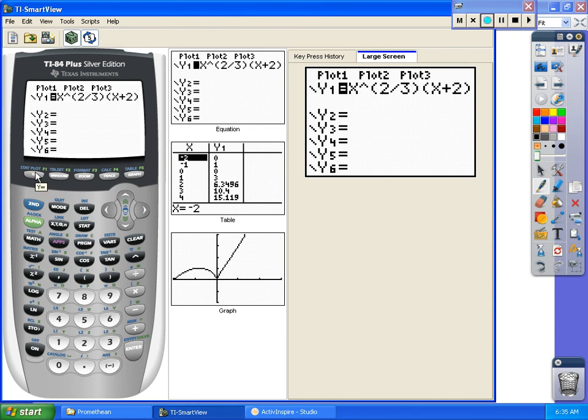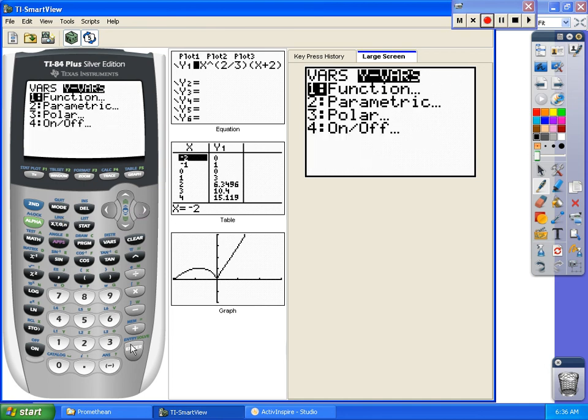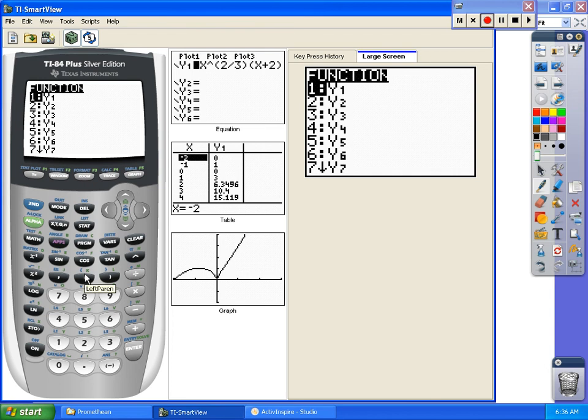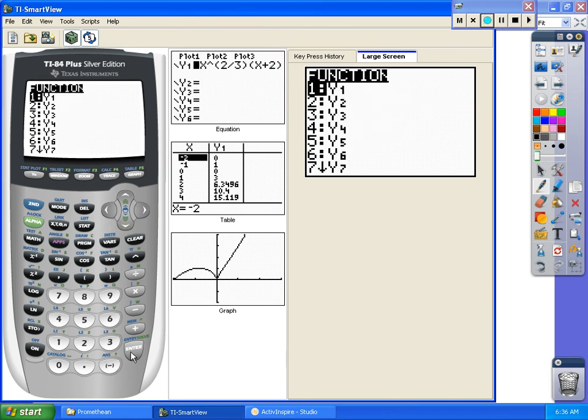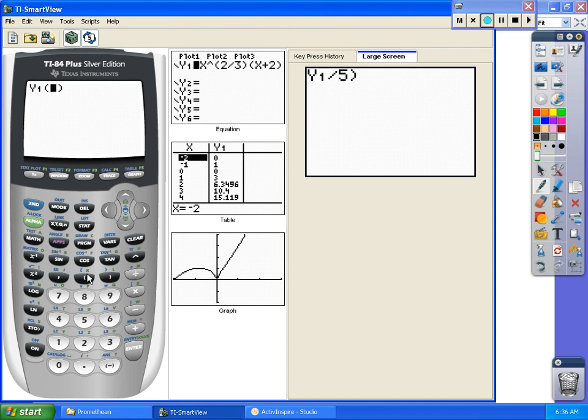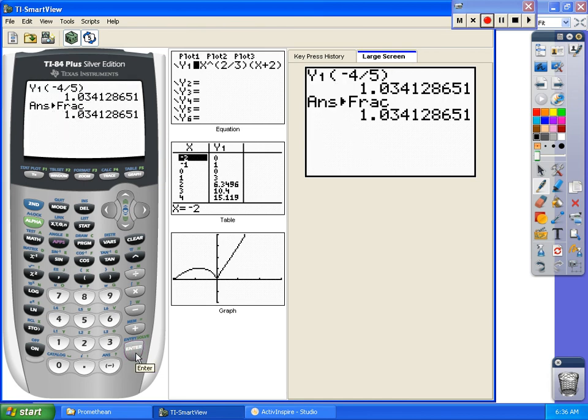So instead of spending time here, I'm going to press vars, y vars, function, pick y1, parentheses, -4 divided by 5, and then press enter. And if I want to see if that'll turn into a fraction, I can try. So it's 1.034.